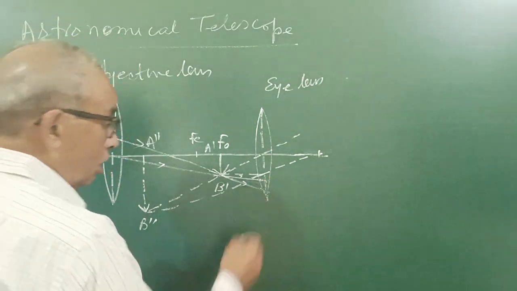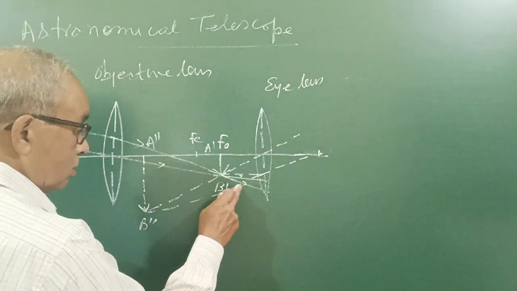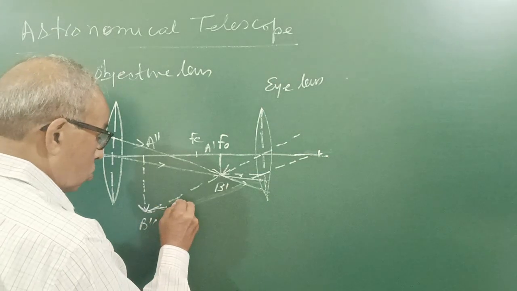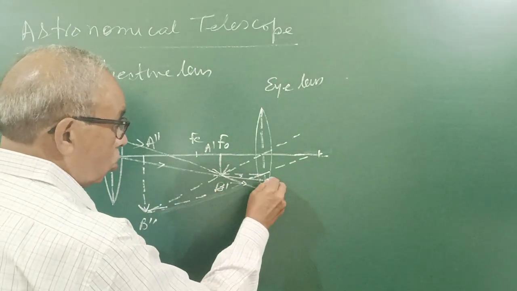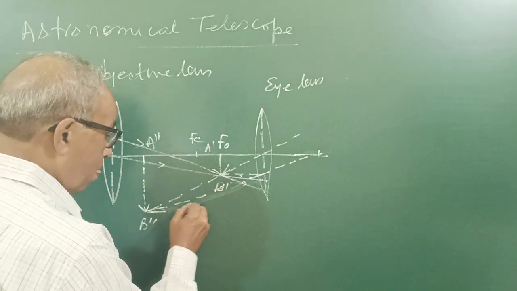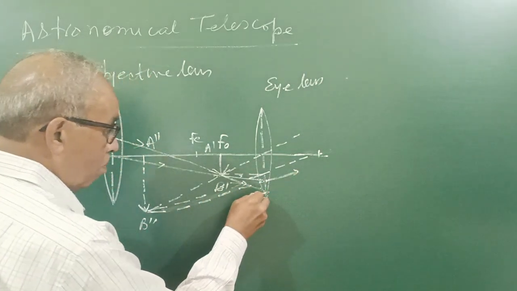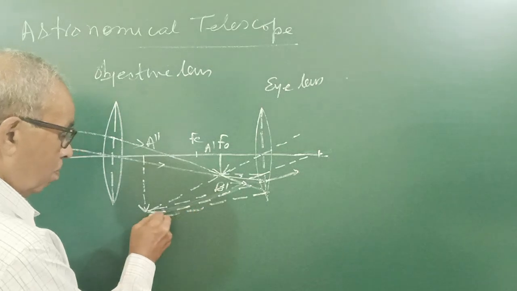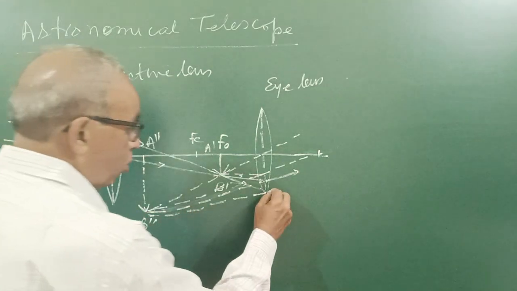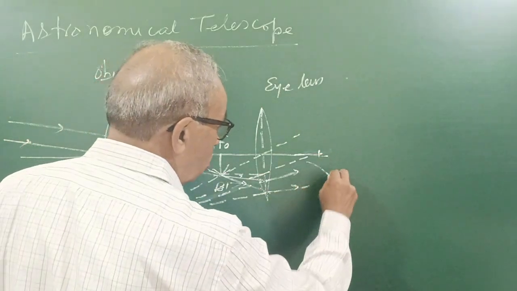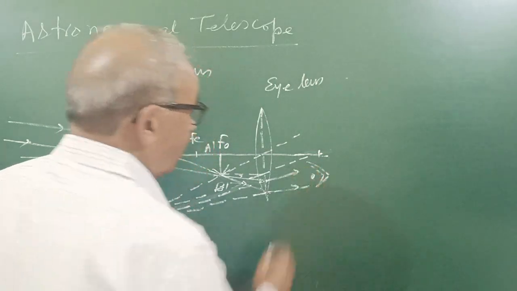Now where will these rays go? So you please join these rays here, and produce this side. So here you will get the image.